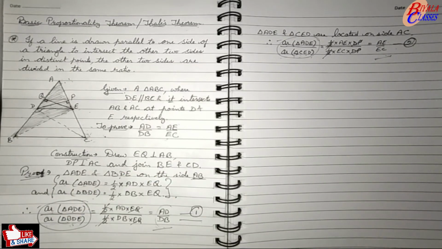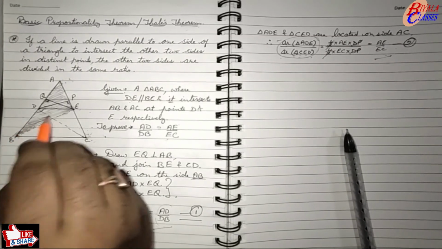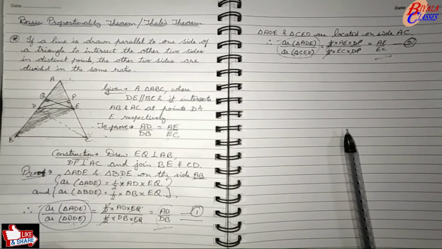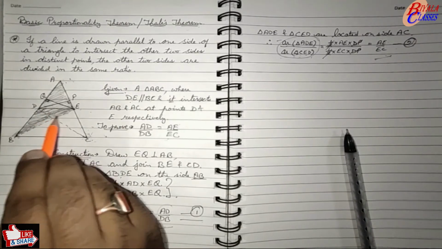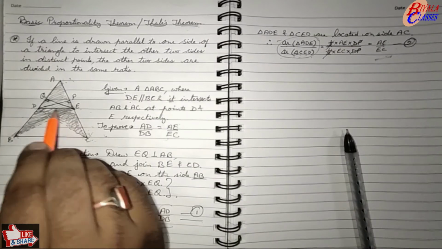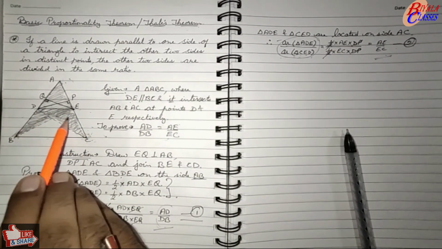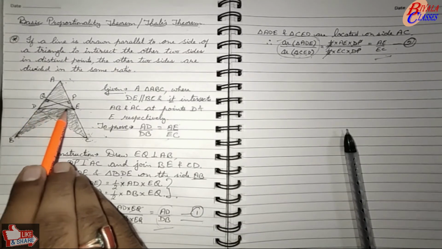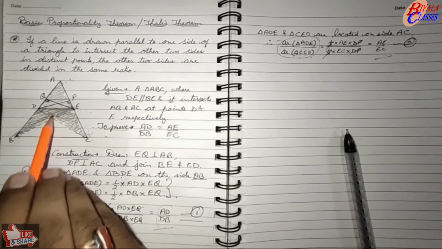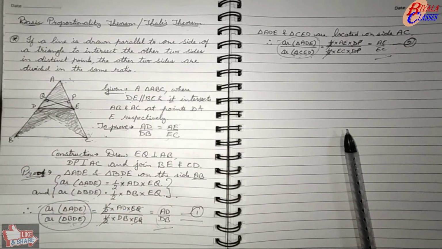Now if you just check, this is the triangle BDE, and the other triangle is CED. It is clear from here that these two triangles have the same base, that is DE, and they lie between the same parallel lines, that is DE and PC.